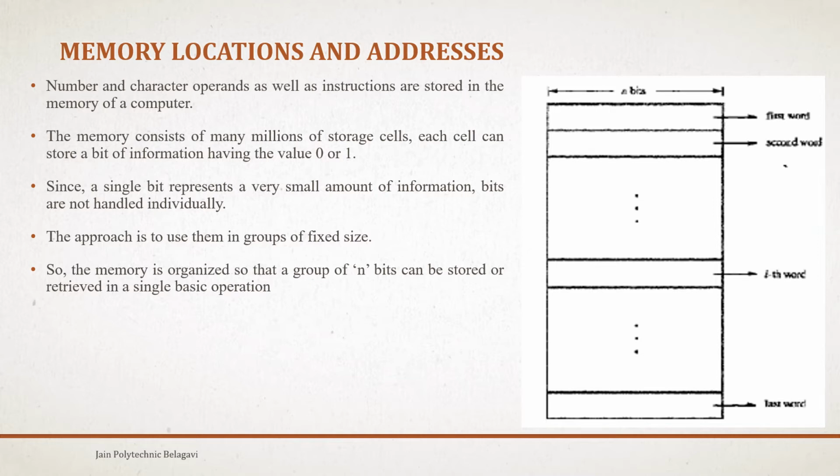If you retrieve information bit by bit, it takes a very long time. So we store the information in the form of a group of bits. A single word contains n number of bits. These n bits are stored in a single word. Like this, a number of words are stored.